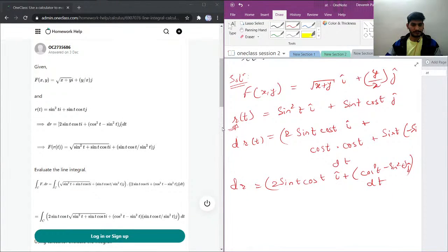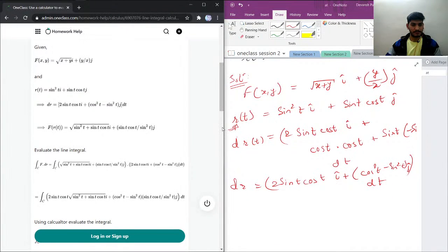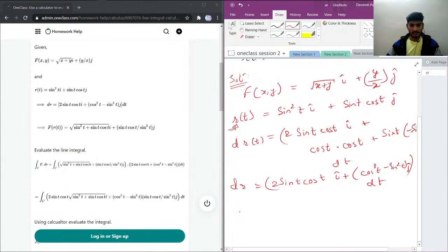Now basically what we are doing is finding F of r of t.